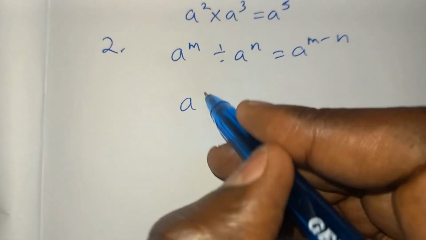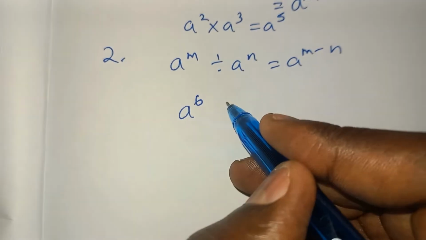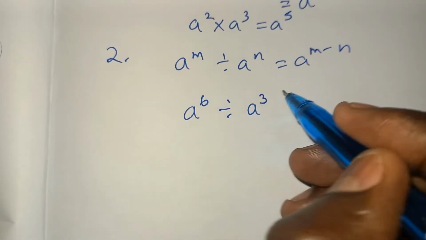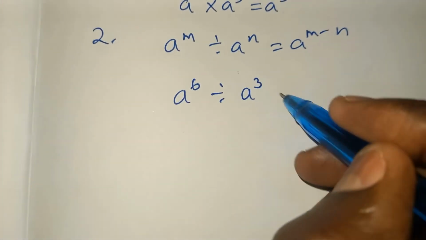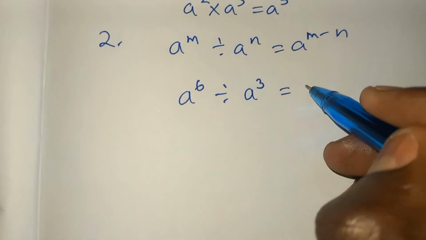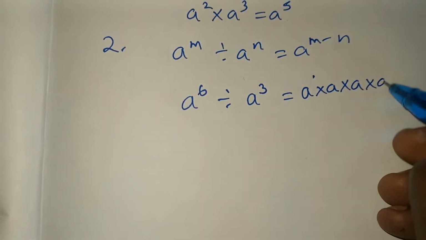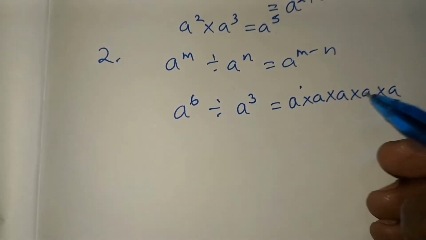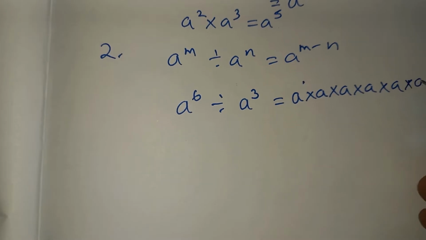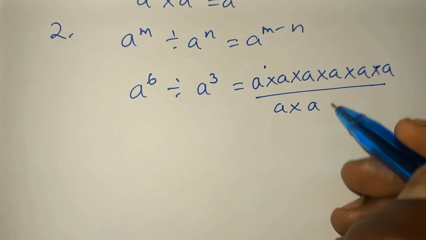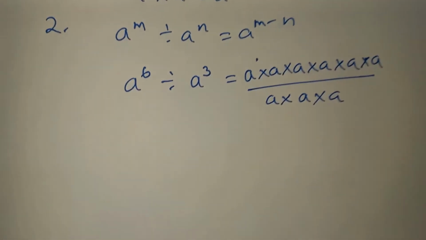Suppose we have a raised to power 6 and we are dividing this by a raised to power 3. Now, this is the same as a multiplied by itself 6 times, and you are dividing this by a multiplied by itself 3 times.